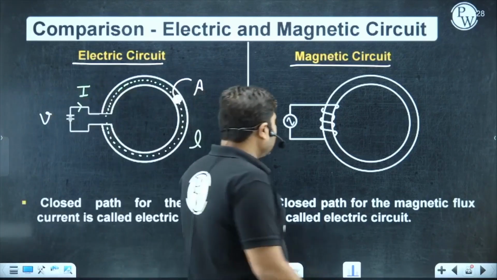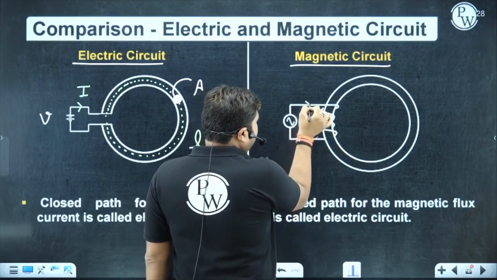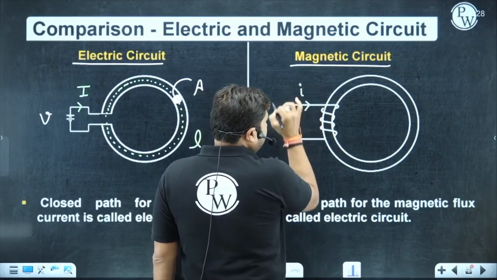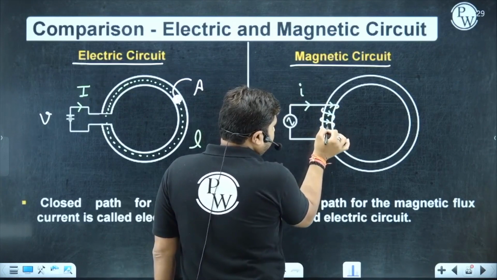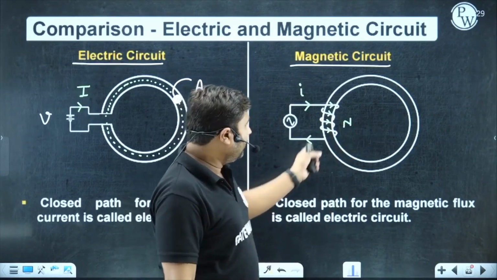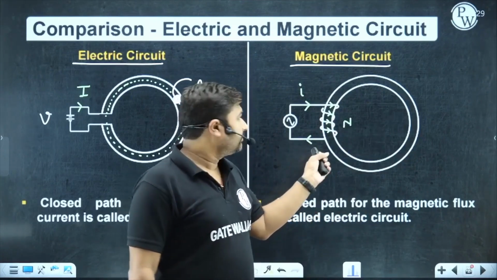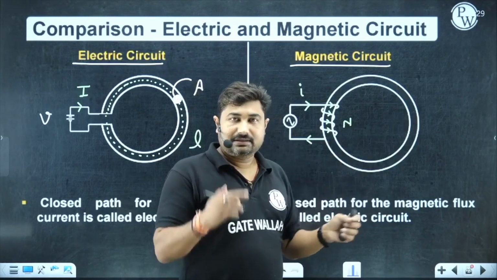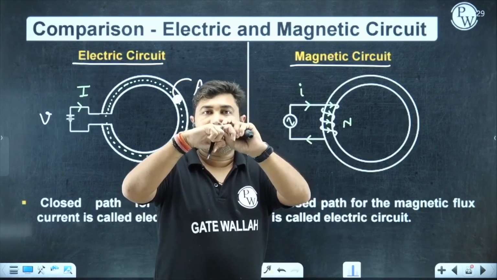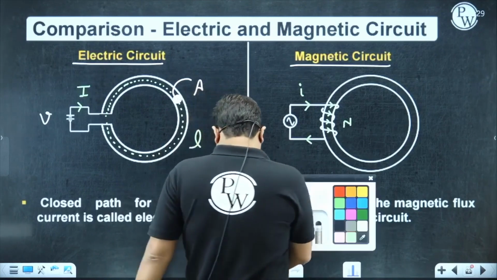Similarly, in a magnetic circuit, I'm going to connect a voltage source here. That voltage source drives a current I through the number of turns N. We have a soft magnetic material here. Let us suppose it's an iron ring, similar to the ring that I am holding on my finger.